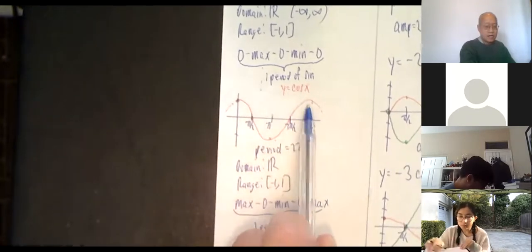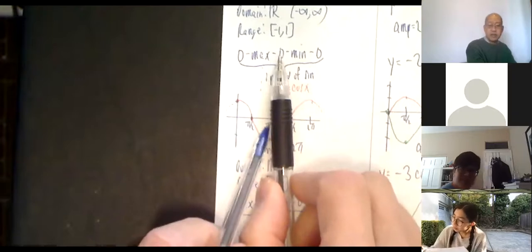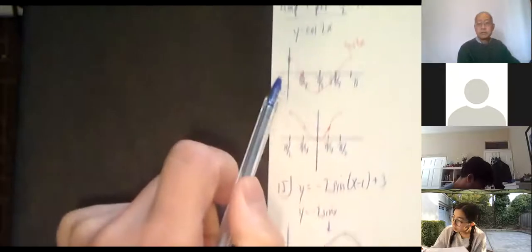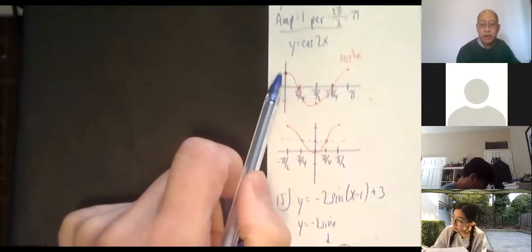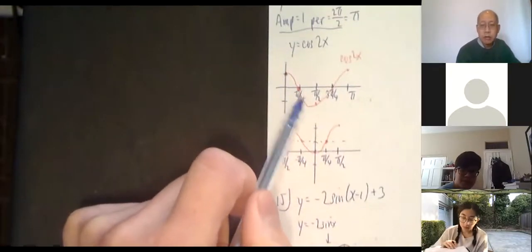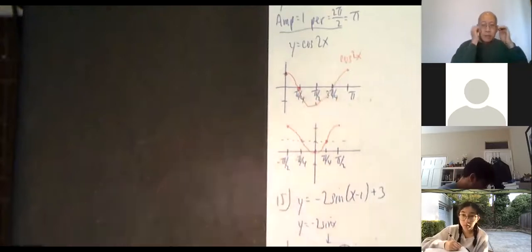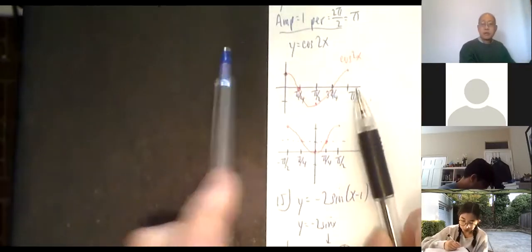So again, it's like you take this picture and jam it in so that it finishes everything by the time it reaches pi. So there we go. Cosine goes maximum, which is 1, 0, minimum, 0, maximum. Okay. So we know it's going from 0 to pi.